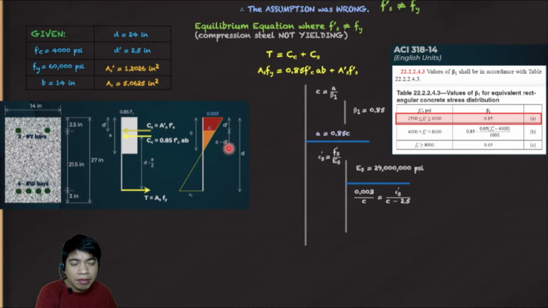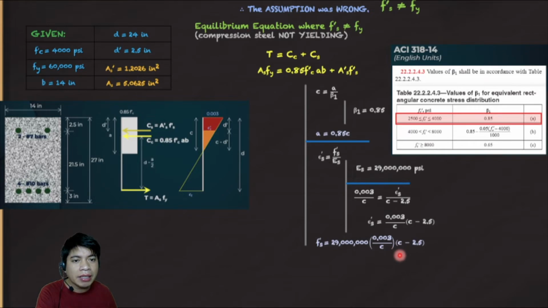So, yung D prime is given, that is 2.5. Okay? So, makukuha natin dito, guys, yung ating compression steel strain with respect to C. So, meron na tayo, guys, eto na modulus of elasticity at saka compression steel strain. So, pag kinuha natin si F sub S prime, makukuha natin is yung F sub S prime with respect to C.